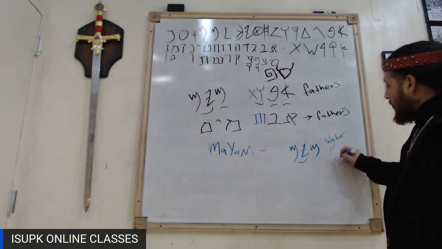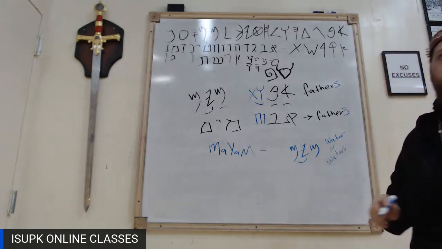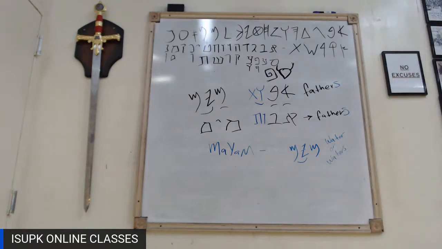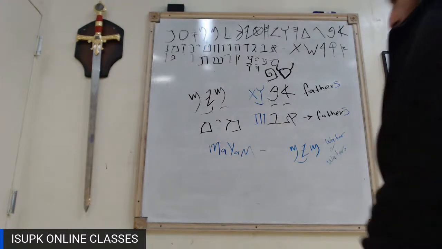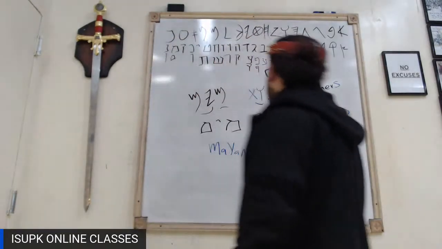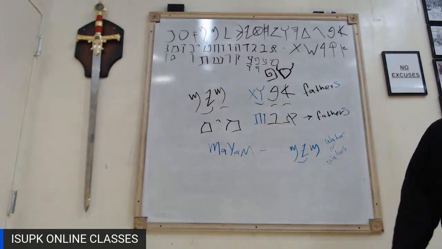Water or waters. And these are called irregular plurals. Yeah, these are all irregulars when it comes to pluralization.